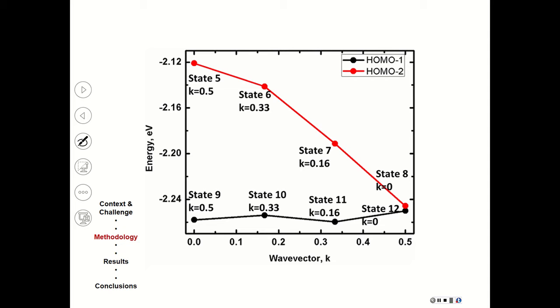But in this case, how do you get red on top of black? Or is it a typo and it should be labeled otherwise, like red HOMO minus 1 and black HOMO minus 2? Yeah, it is misleading. I understand, because I wrote k is 0.5, but on the x-axis it shows 0.